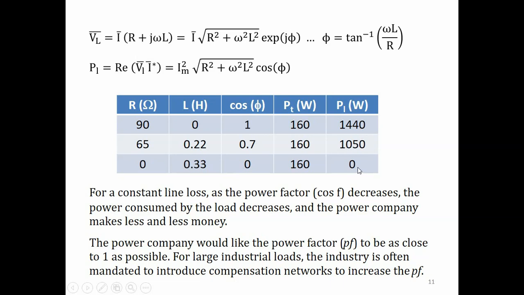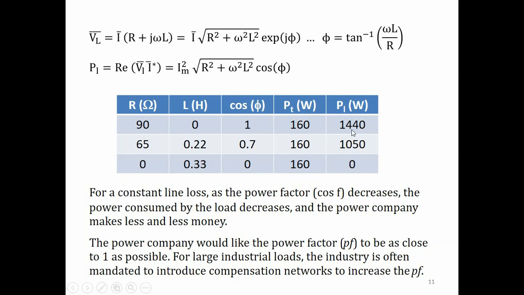Now the industry pays the power company according to how much power it consumes. So the first industry will pay corresponding to 1440 watts. Let us say it runs this for 10 hours in a day, and the charge, let's say in Bangalore, the amount we pay is about, I think, 7 rupees per kilowatt hour.